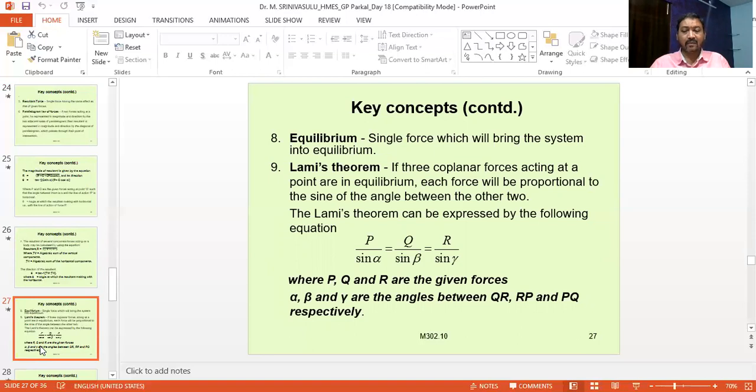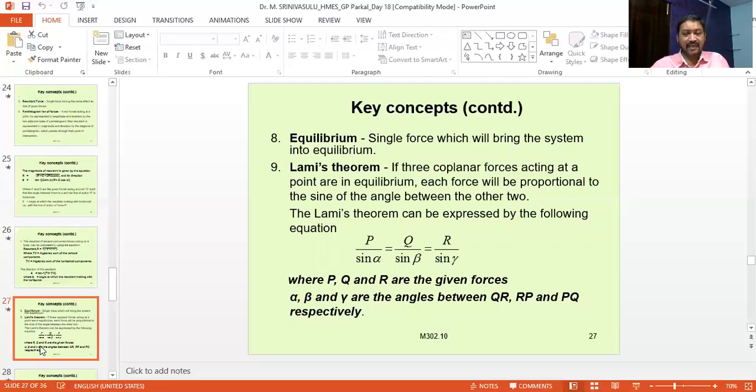Generally when some forces are acting, that leads to a resultant force. In order to nullify the resultant force, we have to apply an equal amount of force, but in the opposite direction, to bring that body back into equilibrium condition.